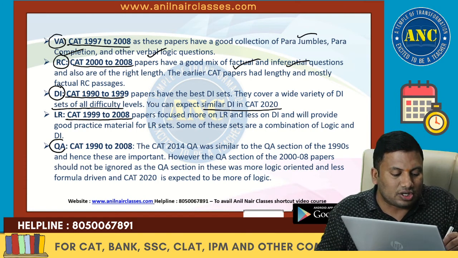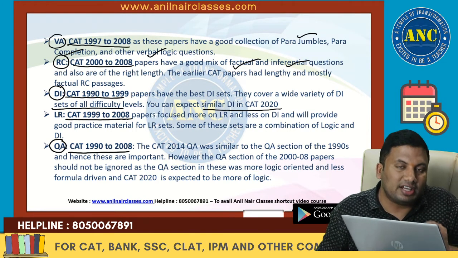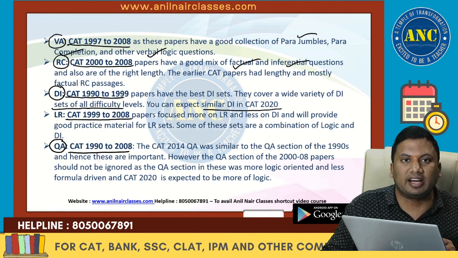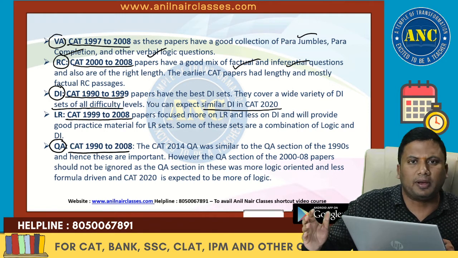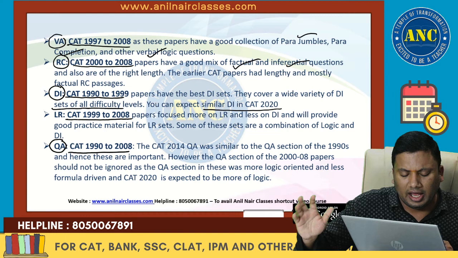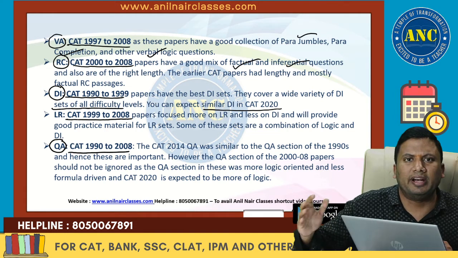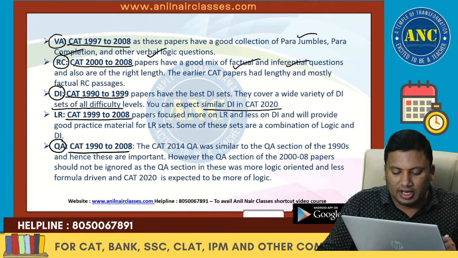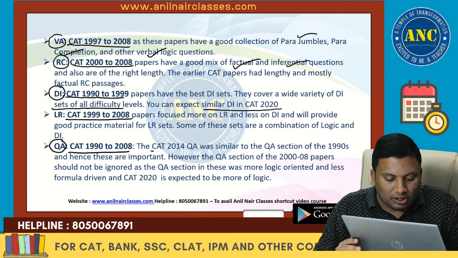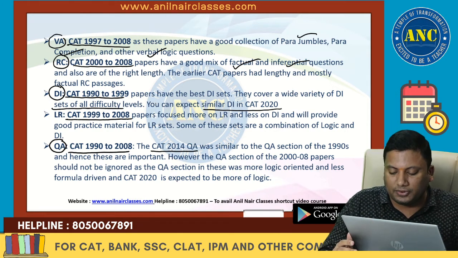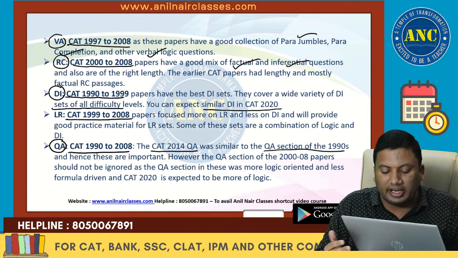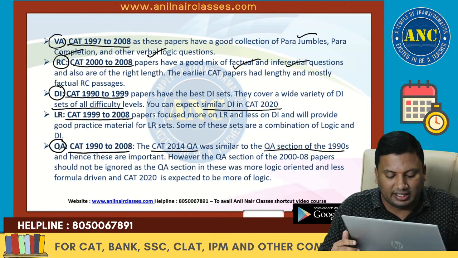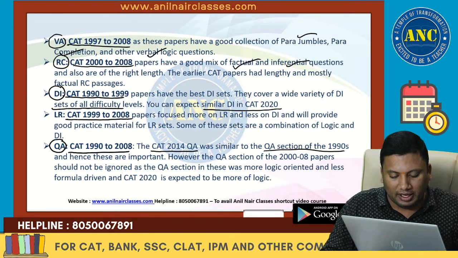For quantitative ability, go through the CAT 1990 to 2008 previous year papers, which are easily available on social media platforms or Google. Please remember, CAT 2014 quantitative aptitude was similar to the quantitative ability section of the 1990s, hence it is extremely important.